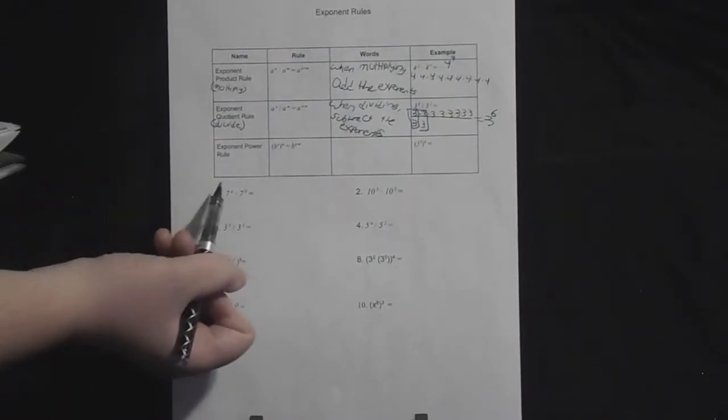Okay, and then there's one more rule, which is the exponent power rule. The word power means exponent, because you know how I can say 7 to the power of 4 or 7 with an exponent of 4. So the exponent power rule means there's an exponent on top of an exponent, because the whole thing's in parentheses and there's another exponent on that parentheses.